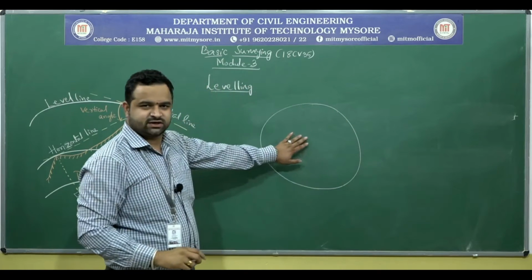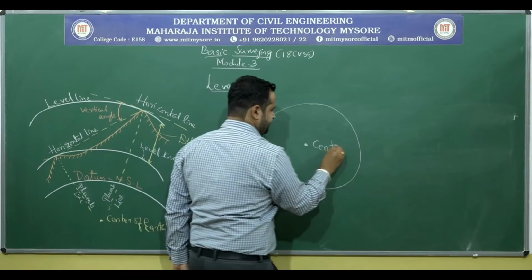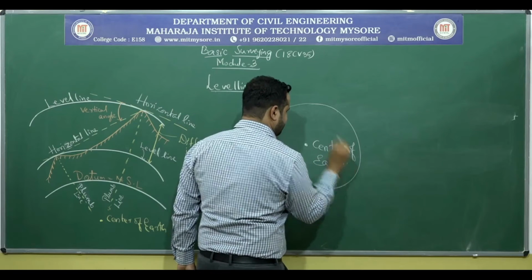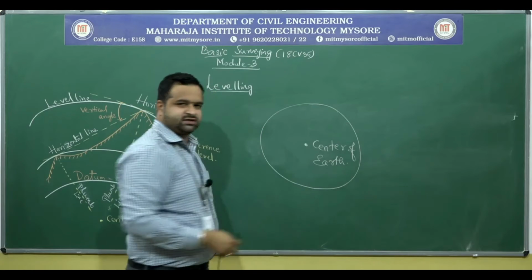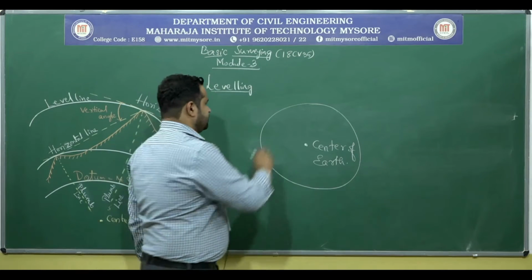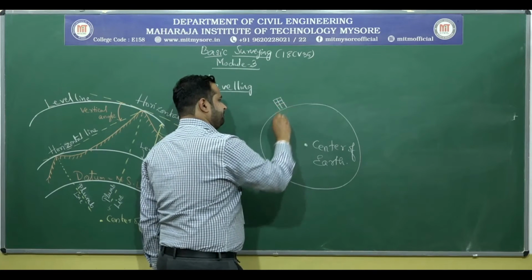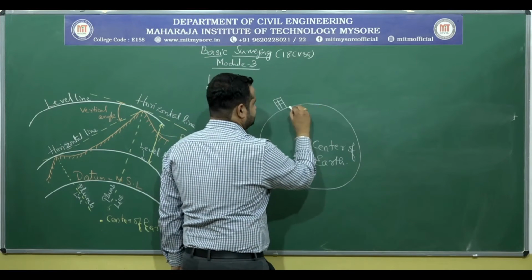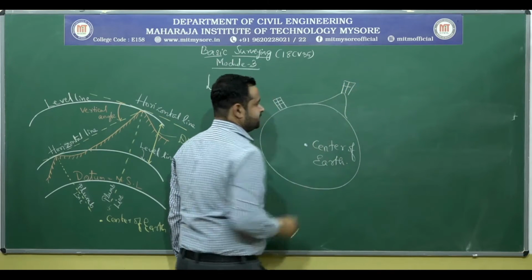Let us consider this as earth and this be the center of the earth. The earth's surface is not straight, it is spherical, right? So, if I consider a building located here, and say there is a hill here and there is a building located here.